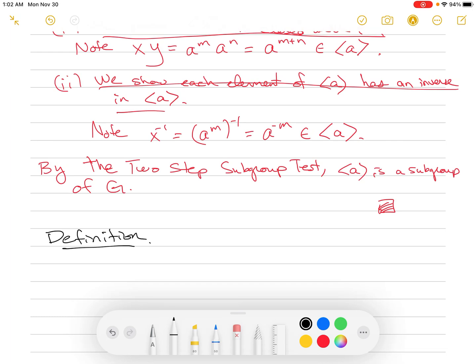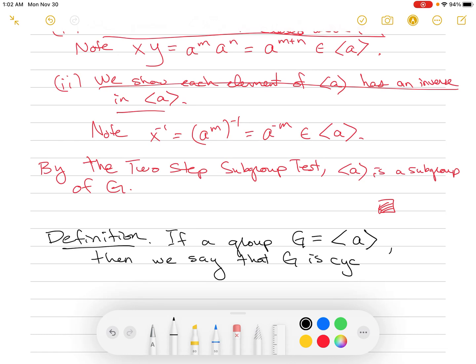So here's a definition that follows up to that. Special set generated by A. If a group G can be written in the form angular brackets A, then we say that G is cyclic.